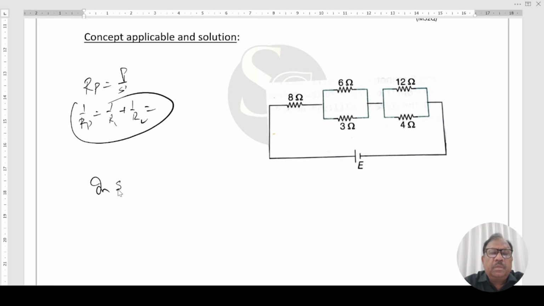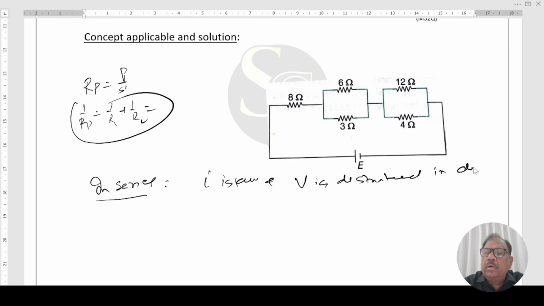In series, I is same and V is distributed in direct ratio of resistance.